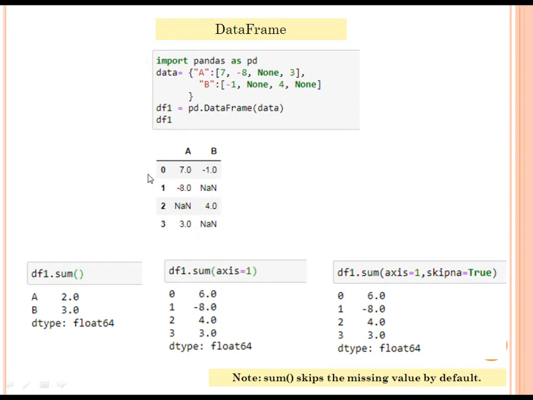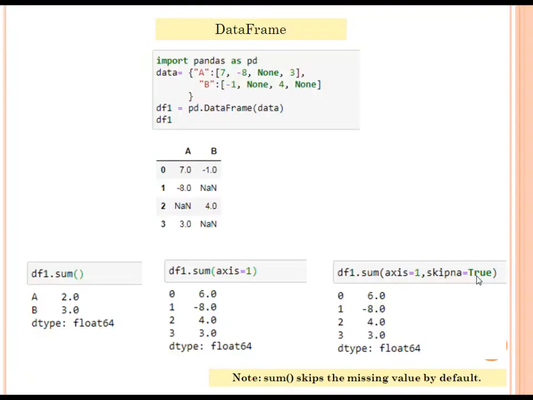Then it will do row wise. When I put skipna equals to True, it removes all the NaN. So the 0 row had 7 minus 1, answer is 6, minus 8 and NaN value. So the answer is minus 8. NaN and 4, the answer is 4. 3 and NaN, and the answer is 3.